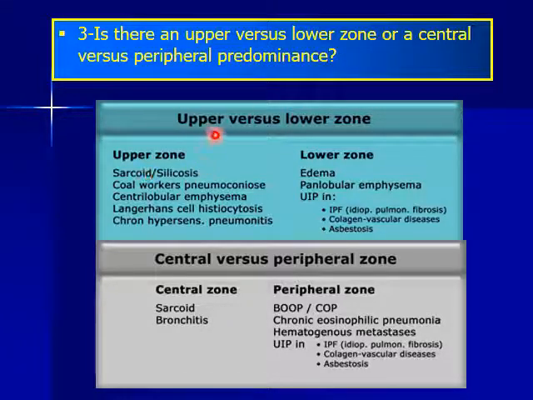Do we have upper dominance rather than lower zone of the lung dominance? Or we have central dominance versus peripheral dominance? Because as you see, each has its own differential diagnosis lists.